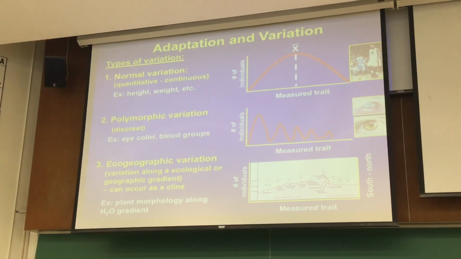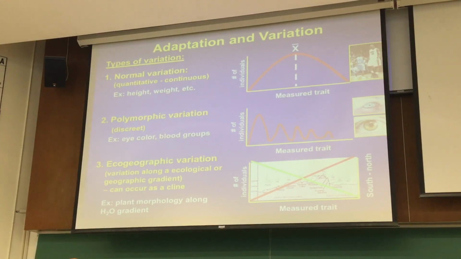How does a trait vary from north to south or east to west? Typically when we plot that, they have a tendency to either go up or down in terms of the measured trait and the number of individuals. They don't have to be linear. They can be curvilinear, but they tend to trend either up or down along the gradient.